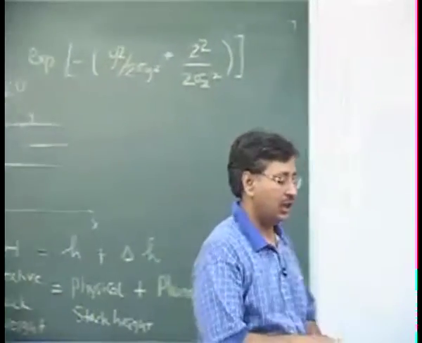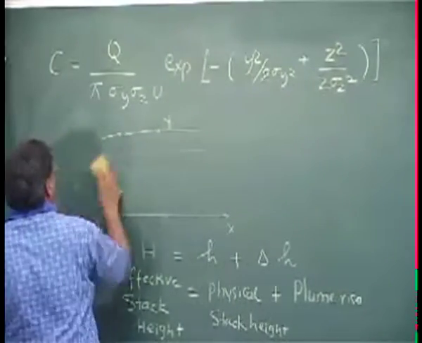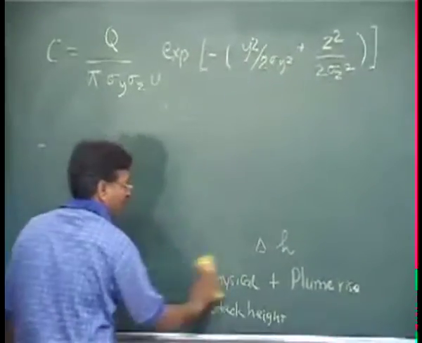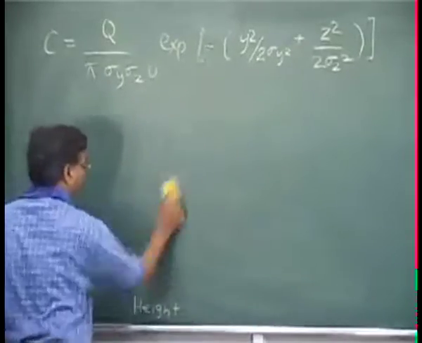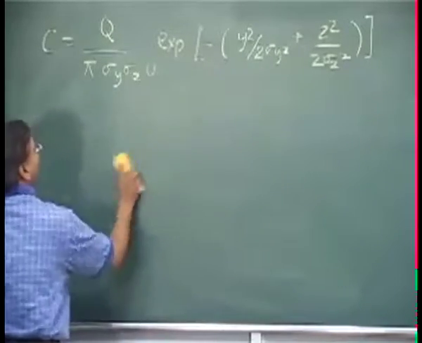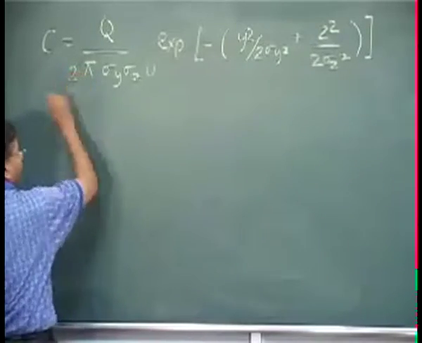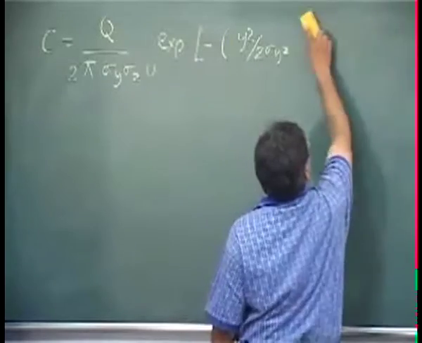And see if you agree with the equation I write here, which will be considering the reflection part. I'll write that one. Let me see if I can modify this. So the 2 should certainly come. Let me see.